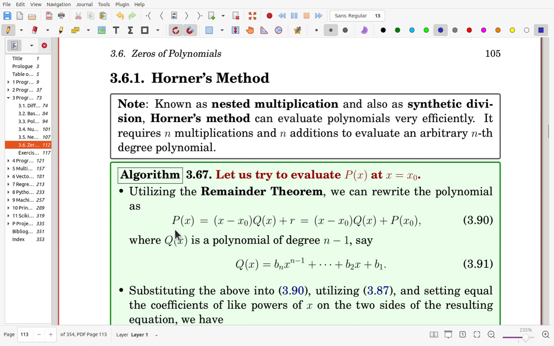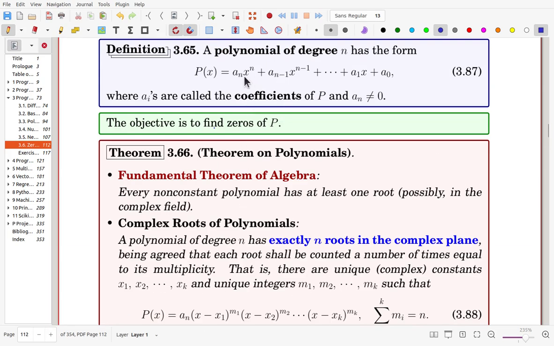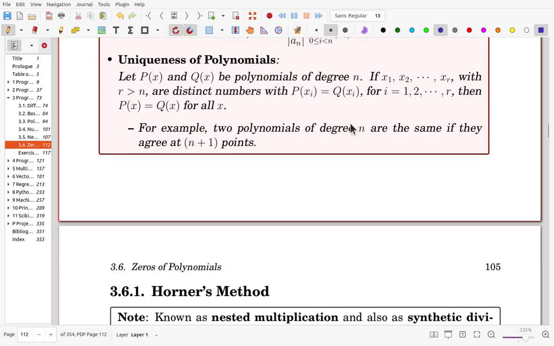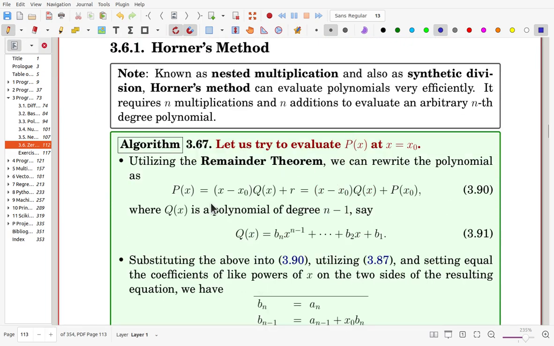The theorem says that when P of x is divided by x minus x0, then we have a quotient and a remainder. R must be a constant because the divisor is a linear function. But R can be decided quite easily: when we plug in x0, the quotient term will be 0 and we are left with R. That means P at x0 is R.